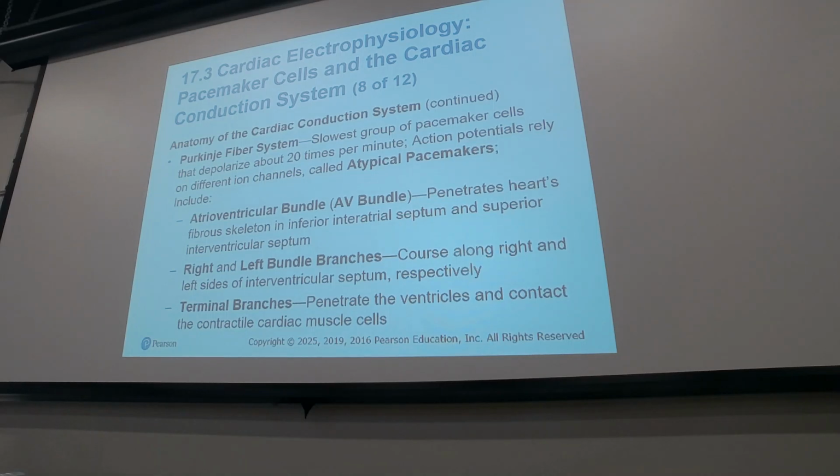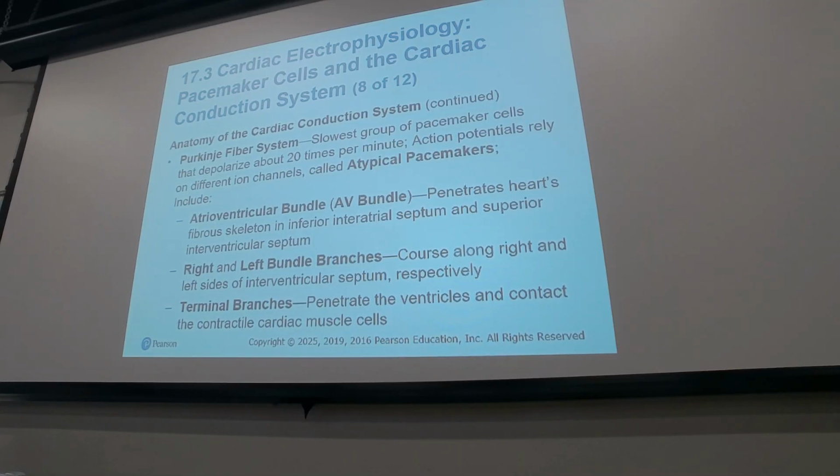I compare this conducting system to wires in an electronic device, or let's say even your car. If you damage these wires to a specific part of your car, that part of the car won't work because it's not receiving these electrical signals from the battery.